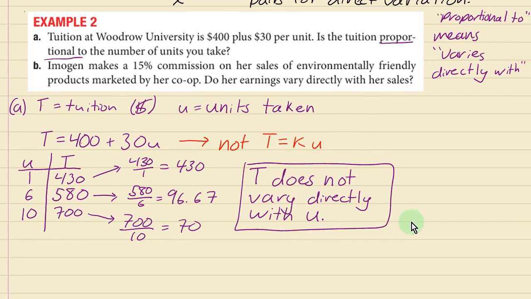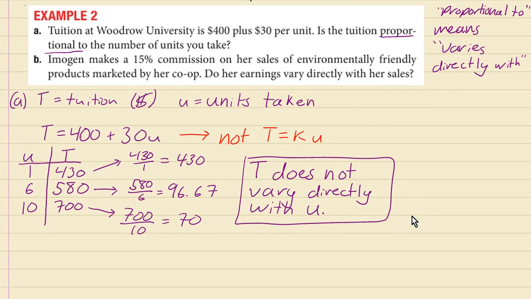Let's look at part B now. It says that Imogen makes, I think that's how to pronounce that name, a 15% commission on her sales of environmentally friendly products marketed by her co-op. Do her earnings vary directly with her sales? So let's see.